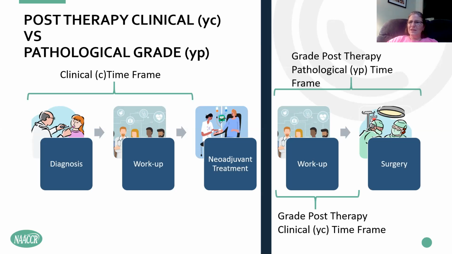So as you can see here, the YC and the YP act very much like the clinical and the path. For the grade post-therapy pathological time frame, you can use any information that was obtained during the clinical YC time frame. So it's the same concept that you've been looking at for clinical and path.